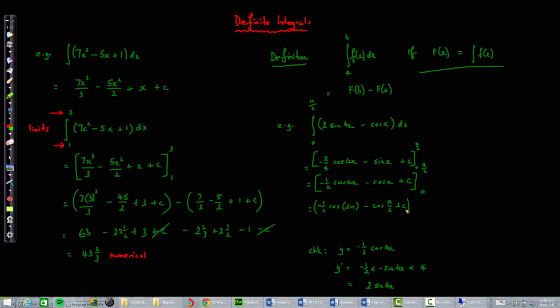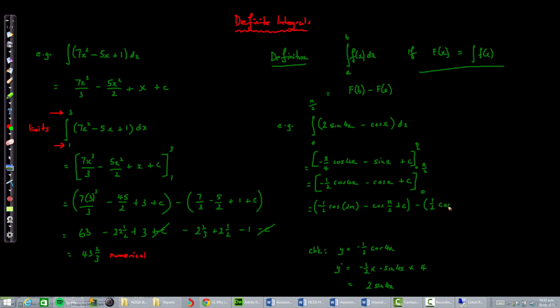Make sure when you substitute the top limit in, you put it in everywhere there's an x. Not the first x with the top limit and the next x with the bottom limit. That's not the way it works. You've got to put the top limit in all the way through here. And now we're going to subtract what we get when we put the 0 in.